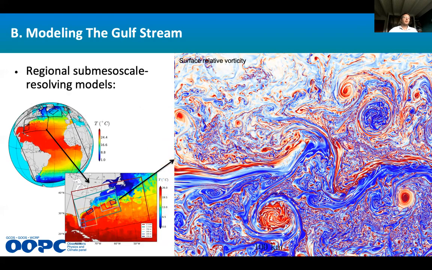So then you can also go further by using sub-mesoscale resolving models, usually over much more limited regions and for smaller periods, typically months. This can be done by nesting high resolution models into lower resolution ones, or with basin-scale solutions or analysis.